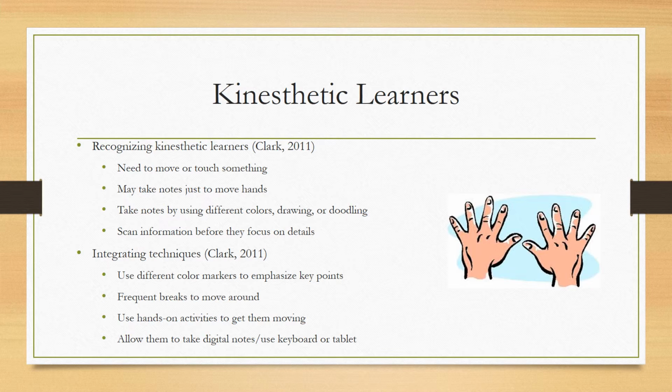When reading, they like to scan the material first and then focus on the details, trying to get a big picture first and then narrow that focus down. They typically use color highlighters and take notes by drawing pictures, diagrams, or even doodling. This, like the auditory learner, can be misconstrued as them not paying attention to the block of instruction being taught.